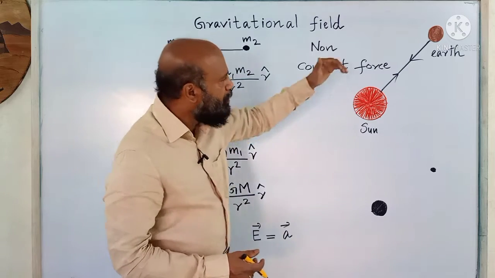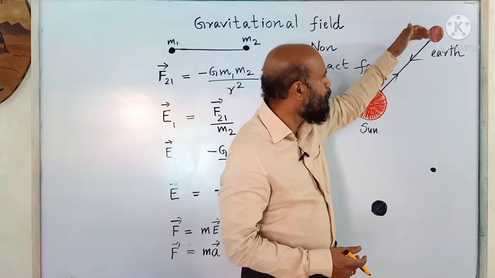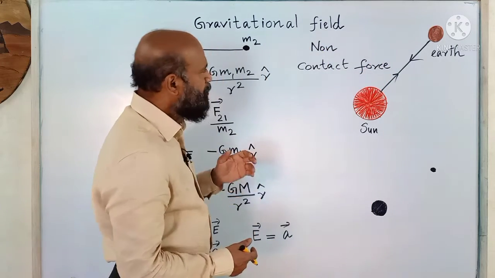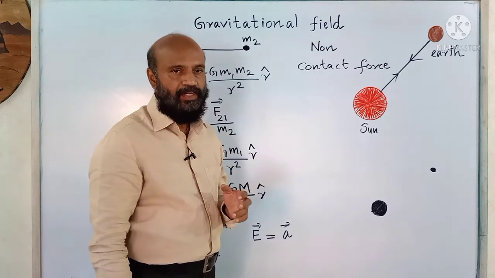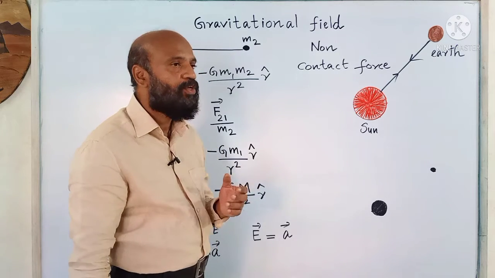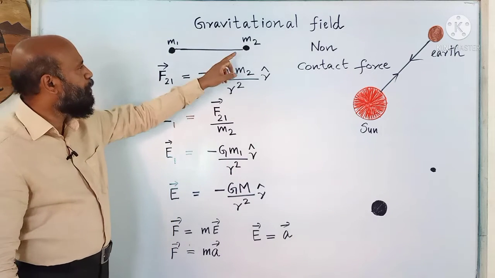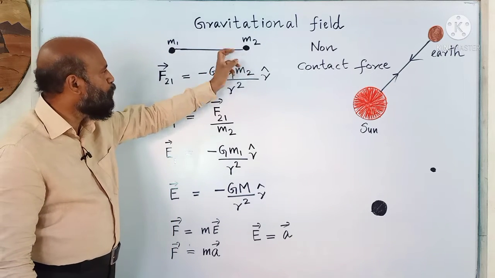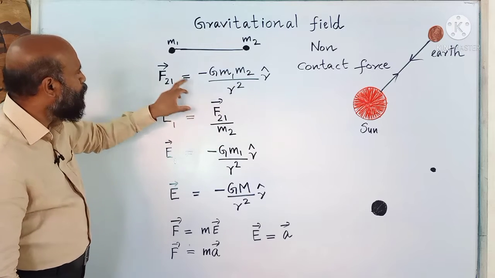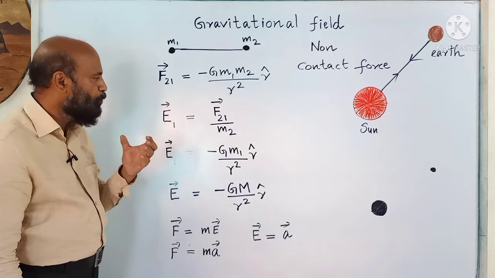Then the intensity of the gravitational field is different at different points. The intensity of the gravitational field at a point is defined as the force experienced by unit mass. Now this is the force experienced by the mass m2. So we have to divide this by m2, then we will get the force experienced by unit mass.